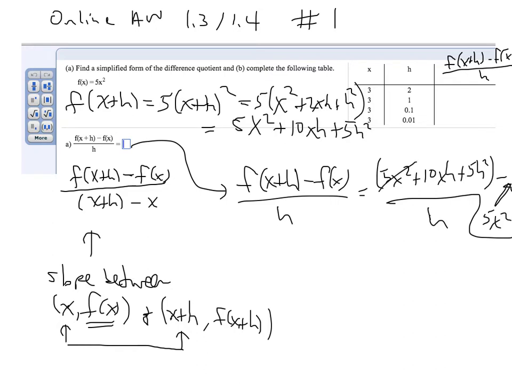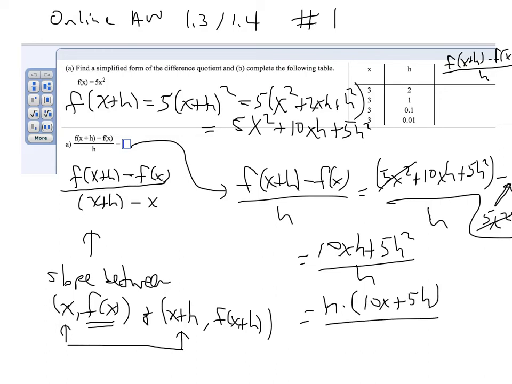But notice this 5x squared and this minus 5x squared are going to cancel out. And all I have left is 10xh plus 5h squared over h. So if everything has happened correctly, there will be an h that I can factor out of the top. And that is in fact what happens.